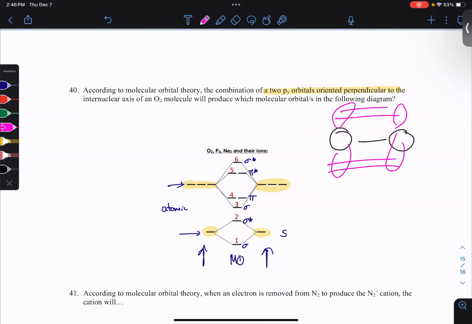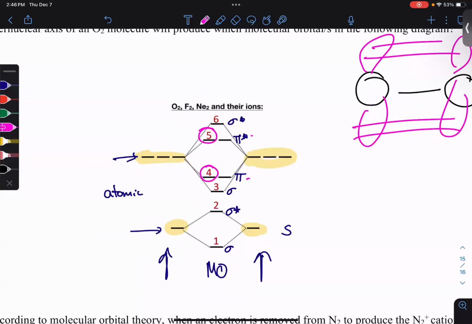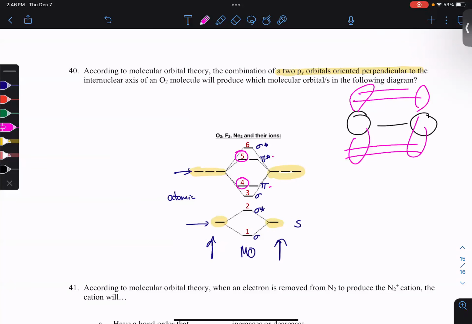So that's a pi interaction. So this interaction would produce which orbitals? 4 and 5. You combine 2 atomic orbitals, you always get 2 MOs out. So you actually get a pi and a pi star. Because did I say anything about constructive or destructive? No. So it actually produces both.